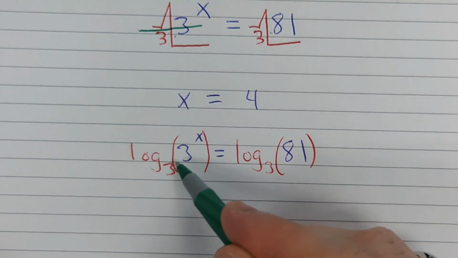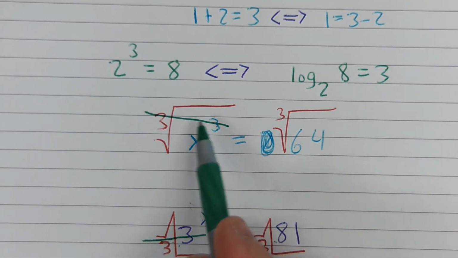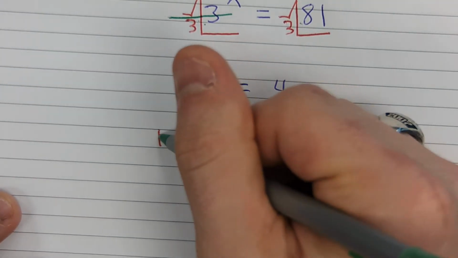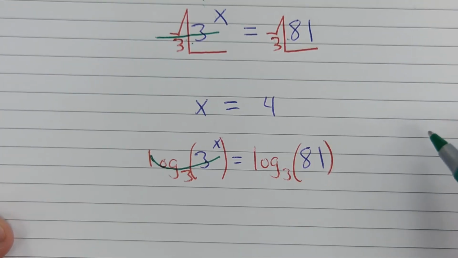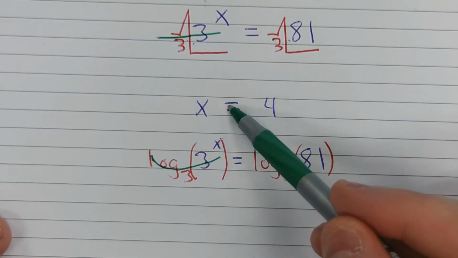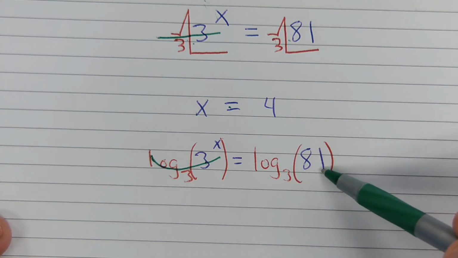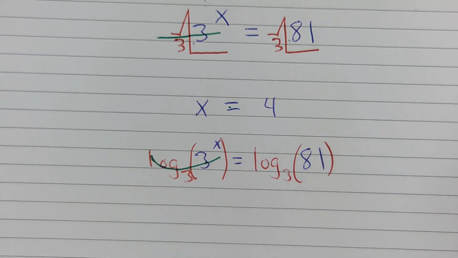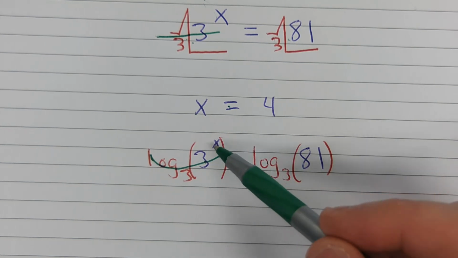You see how the bases match? You see how the exponent and index match? They have to match. And what happens is this x falls down out of the sky, and you get x equals log base 3 of 81, which, by the way, is 4 because 3 to the 4th is 81. But that is what a logarithm does. It cancels a base to leave an exponent alone.